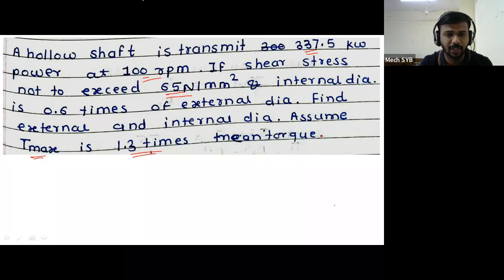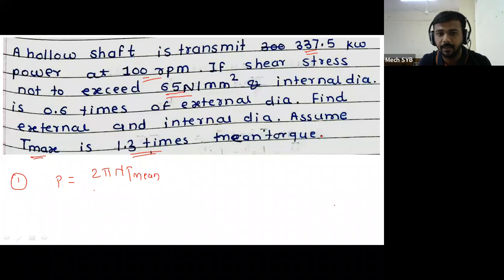I will give only the steps of what we have to do. First of all, P is equal to 2 pi N T min divided by 60. Here you have to put the values: power is given in kilowatt, you have to convert it into watt; 2 pi is the constant; N is given as 100 rpm; and the T min value we have to calculate.